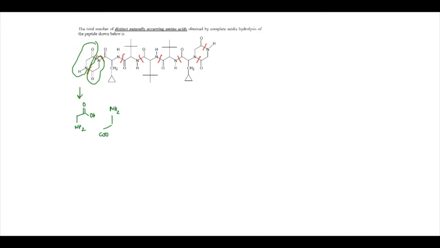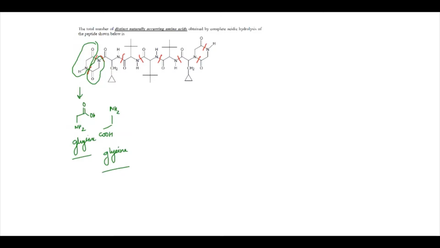So this is a glycine, and this one is also a glycine. So glycines are naturally occurring amino acids. So at least we have one naturally occurring amino acid.